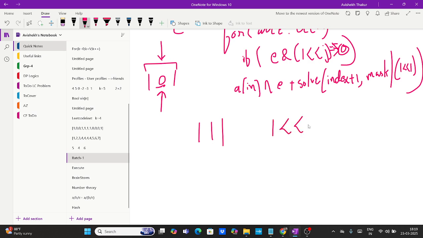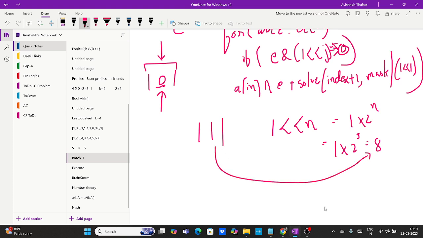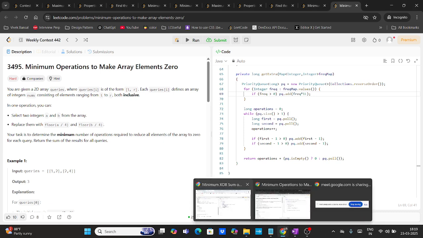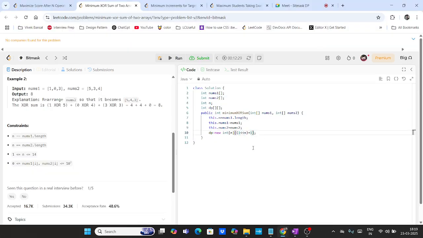For the reason, one left shift n is 1 into 2 power n, which is nothing but 1 into 2 cube, which is 8. So can I say 8 is greater than 7, right? So is it okay to keep that dimension? Correct. +1 is not needed. One left shift n is okay.